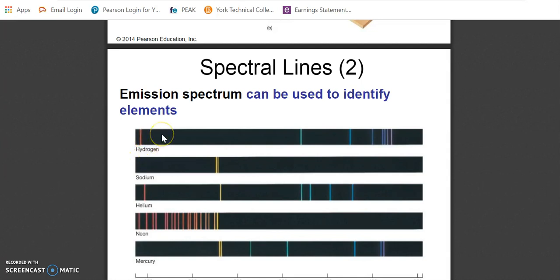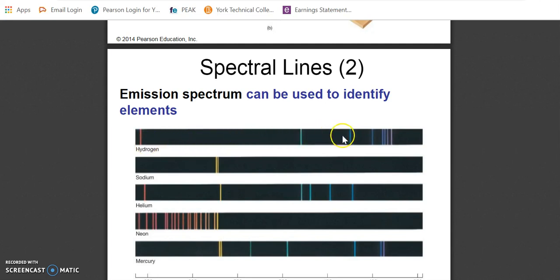So here are the traditional lines of hydrogen. It depends on how good your diffraction grating is.